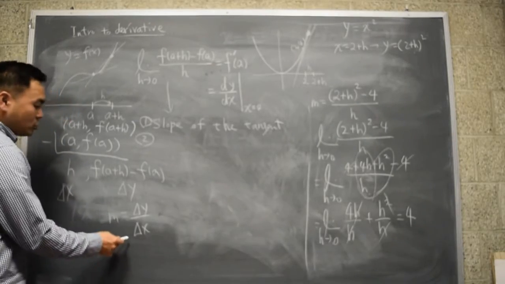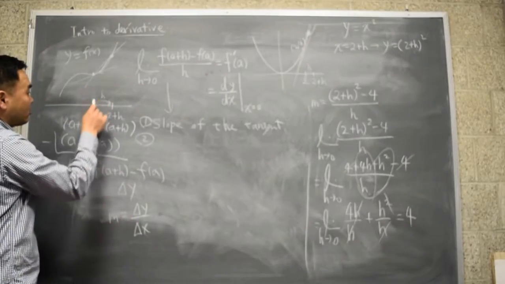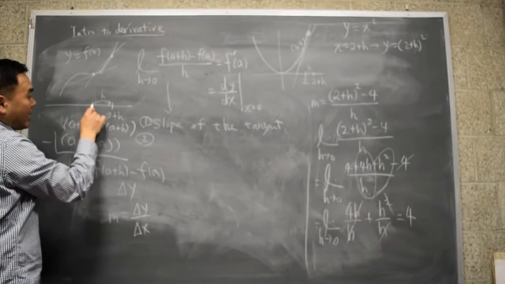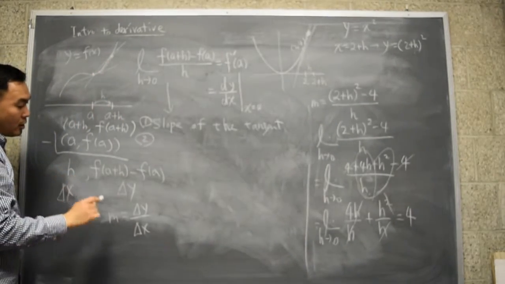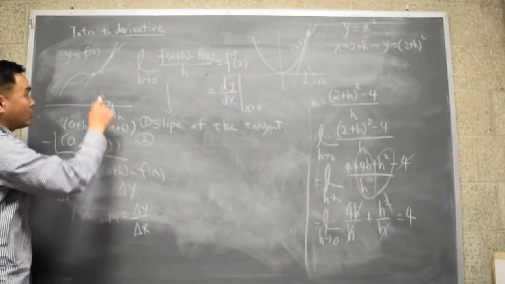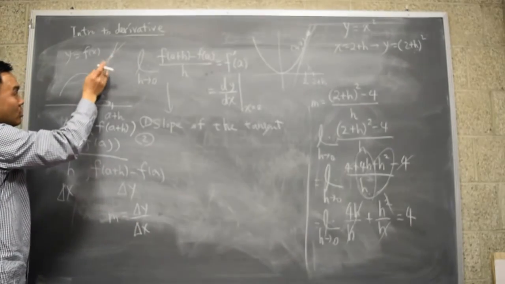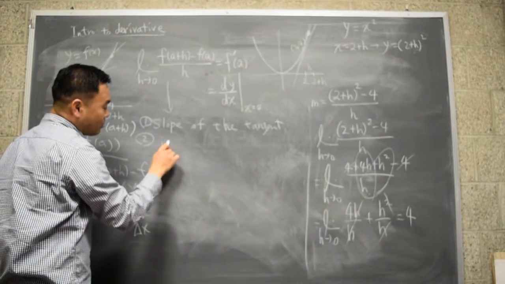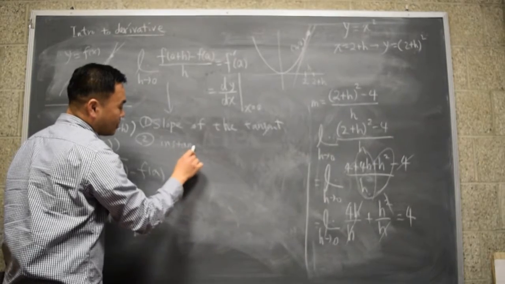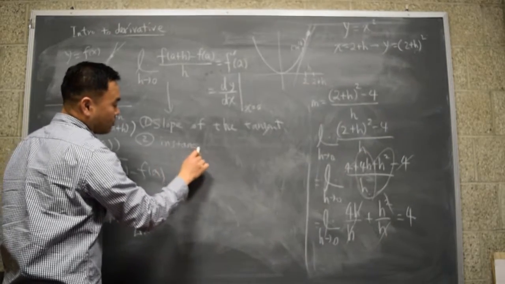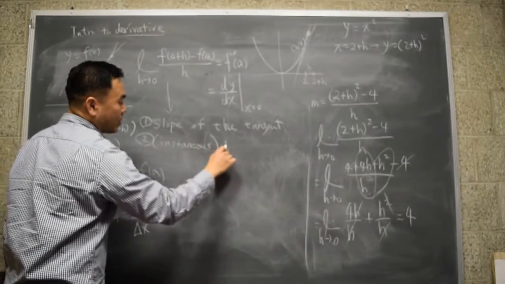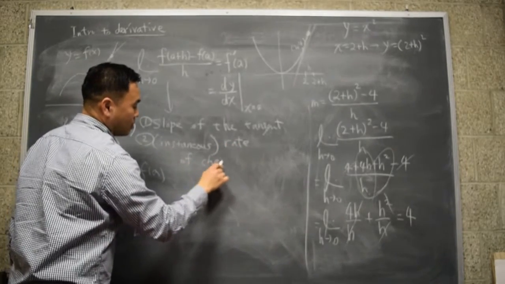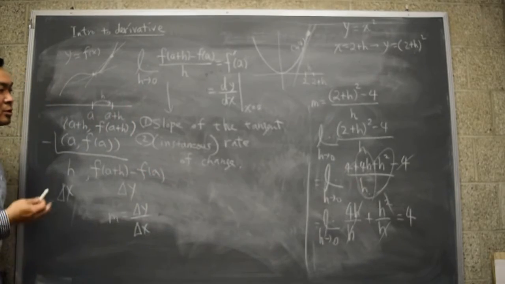And this will be called the average rate of change from this, as x goes from a to a plus h. But if you send delta x to 0, then you're decreasing the window down to 0, and that's also called the instantaneous rate of change. Some people just simply call it rate of change.